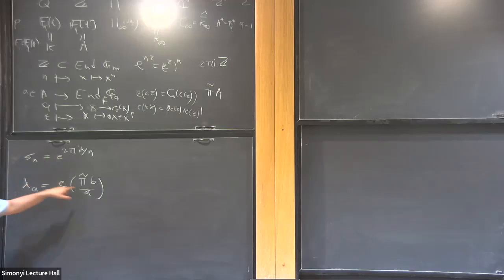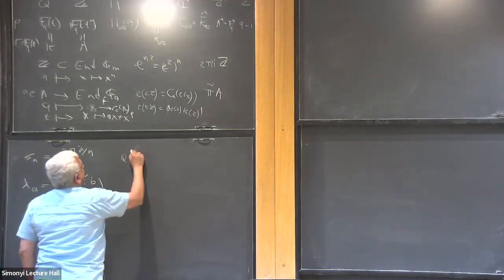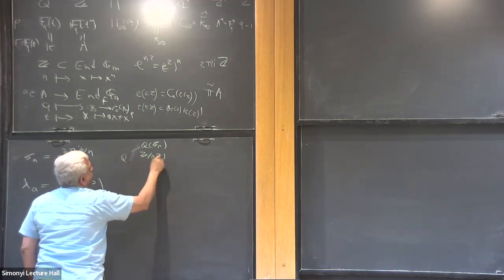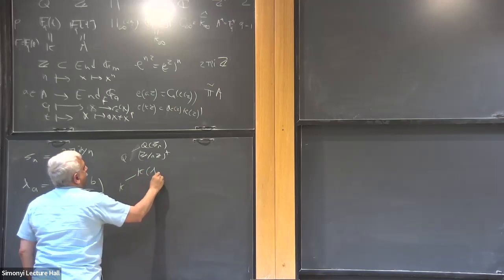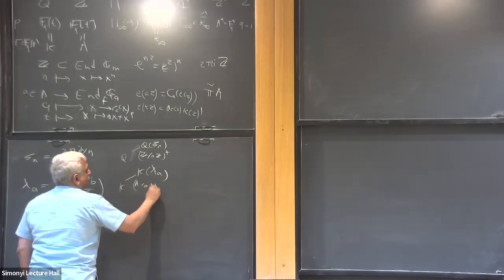And this is the Drinfeld cyclotomic theory, which are the ramified sort of extensions. Maybe I can write down the Galois group: for Q(zeta n), this is (Z mod n Z) star. So very similarly, if I take K(lambda A), this will be (A mod A) star.